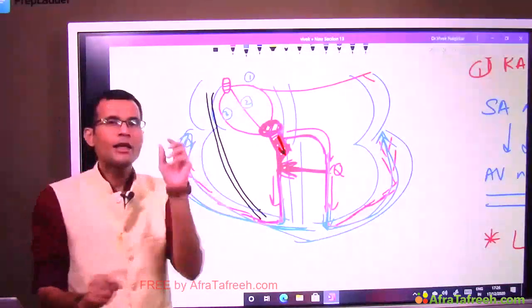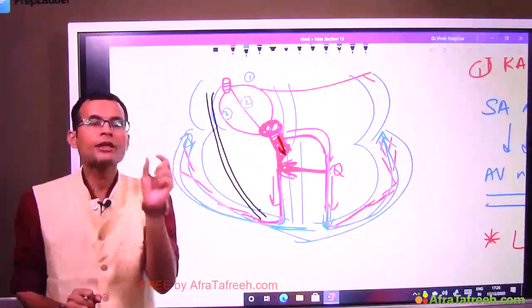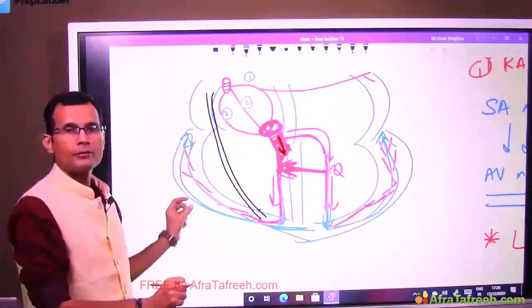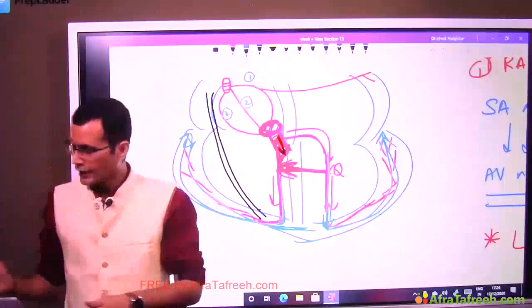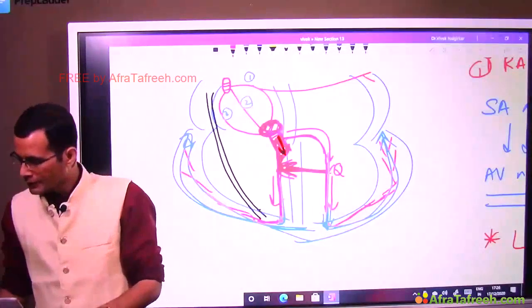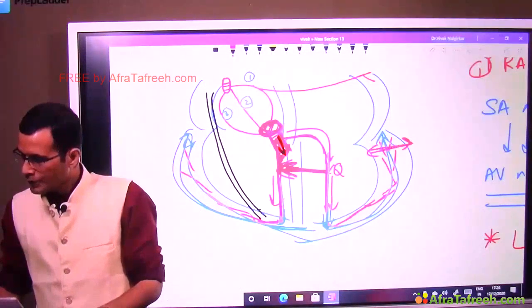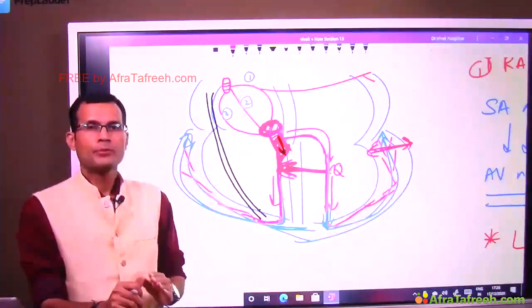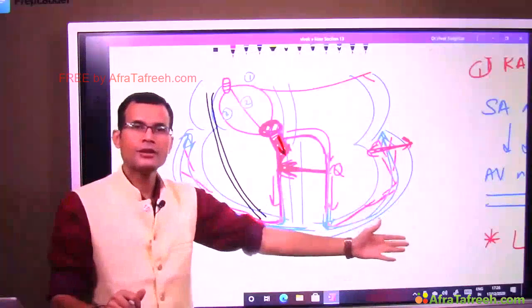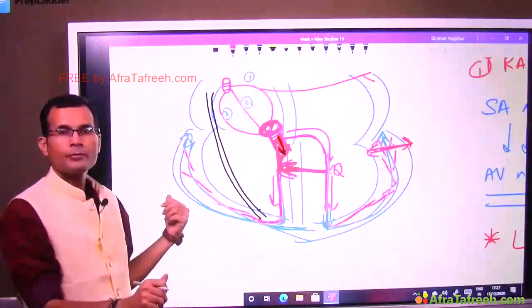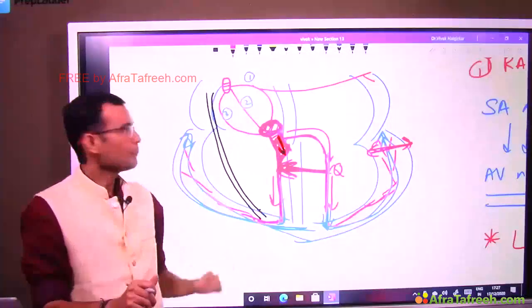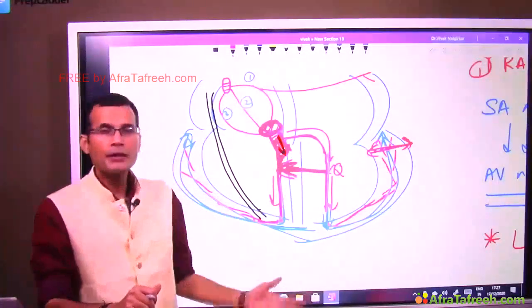But you know, the left ventricle has a thicker muscle mass compared to the right ventricle. Left ventricle having a thicker muscle mass means it will take a little longer time to complete its excitation compared to the right ventricle. It will take 0.01 second extra to complete the depolarization, complete the excitation.